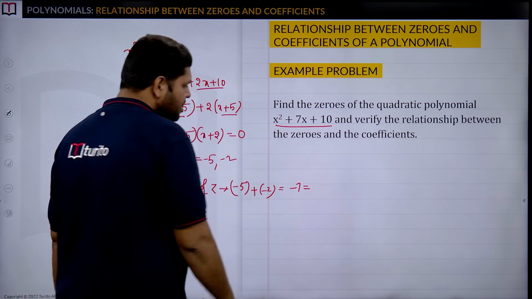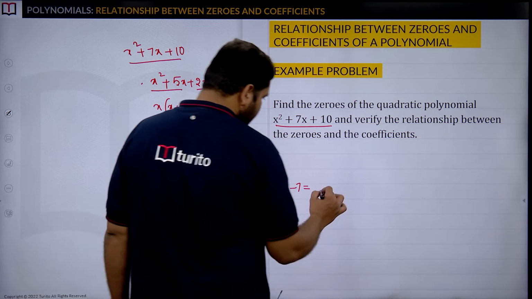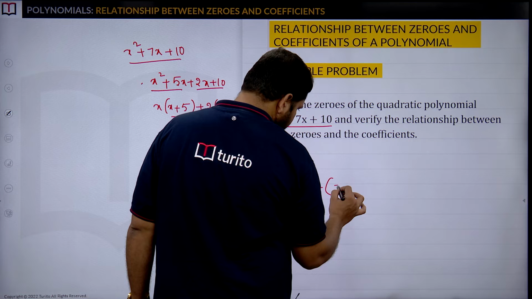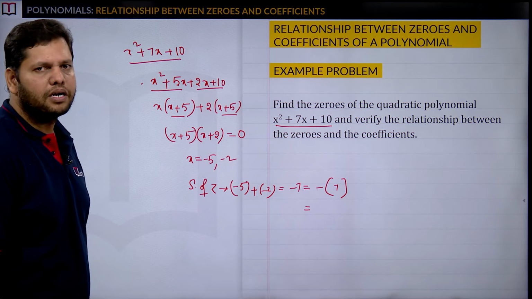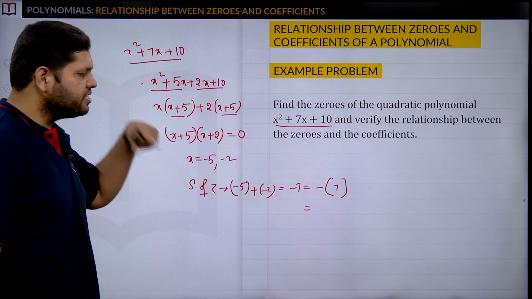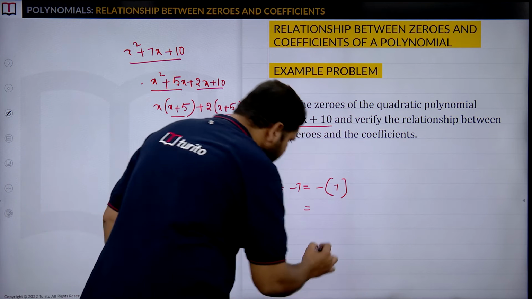Okay. So, this minus 7, how we can write, children? This minus 7 I am writing as minus of 7 in brackets separately. And from the question, what is 7 actually? From the question, 7 is the x coefficient.